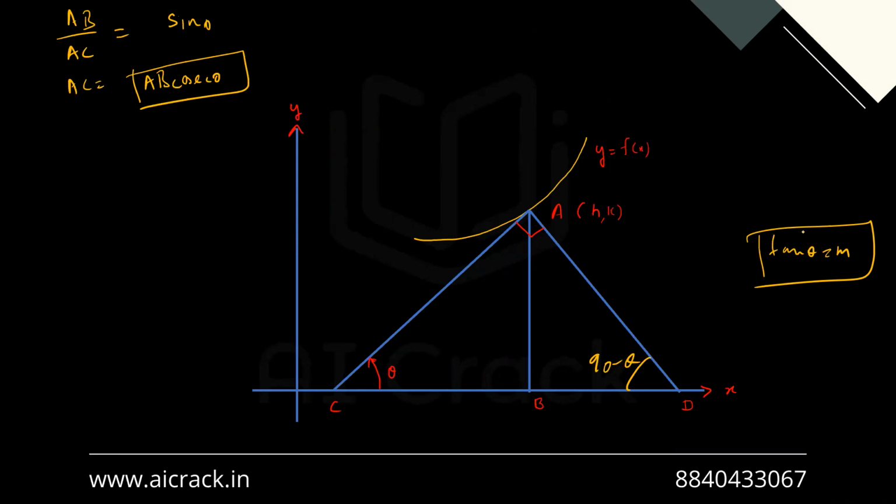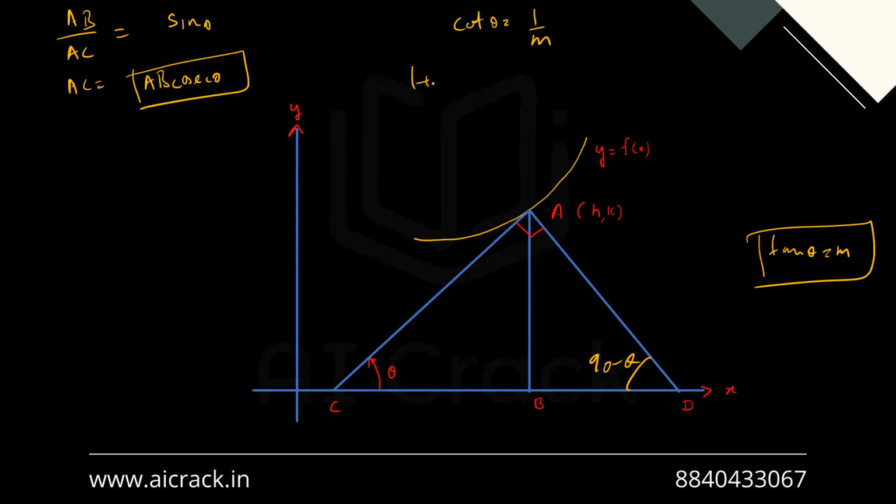Now we have to utilize this tan theta or m value. We know the slope of the tangent and we know the k coordinate, and we have to find the length of AC in terms of these. We know tan theta equals m, and I'll find cosec theta in terms of tan theta. If tan theta is m, then cot theta would be 1 by m.